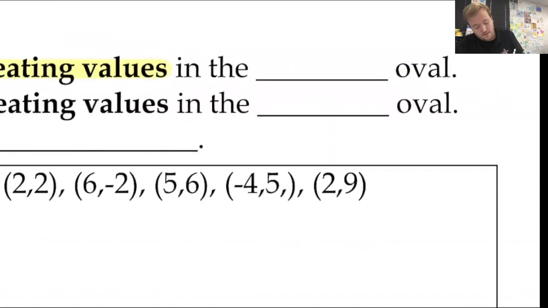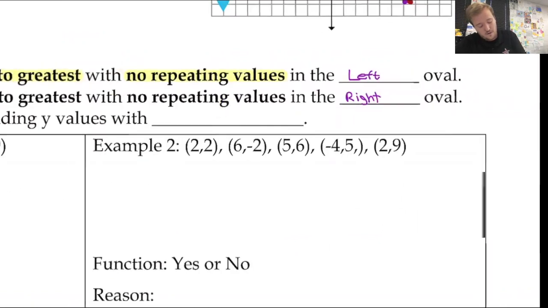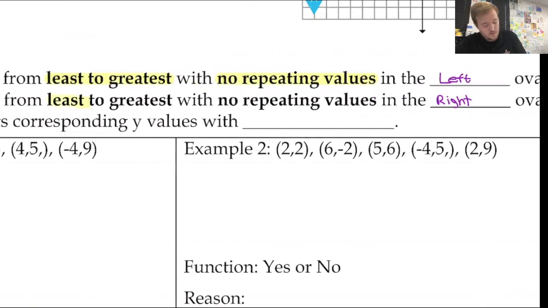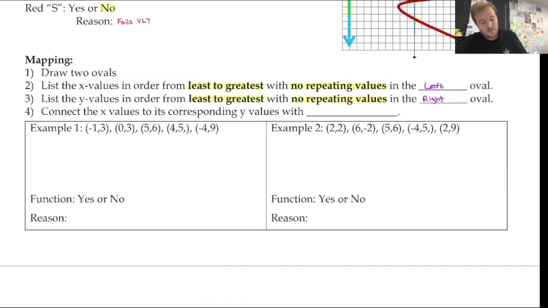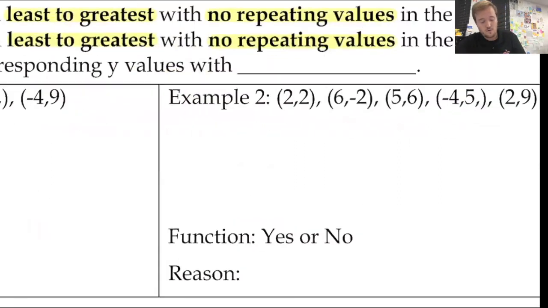And then the Y values are in the right oval. Same thing, everything has to be written from least to greatest with no repeating values. Okay, whenever you're connecting the values from the different ovals, you want to use arrows.